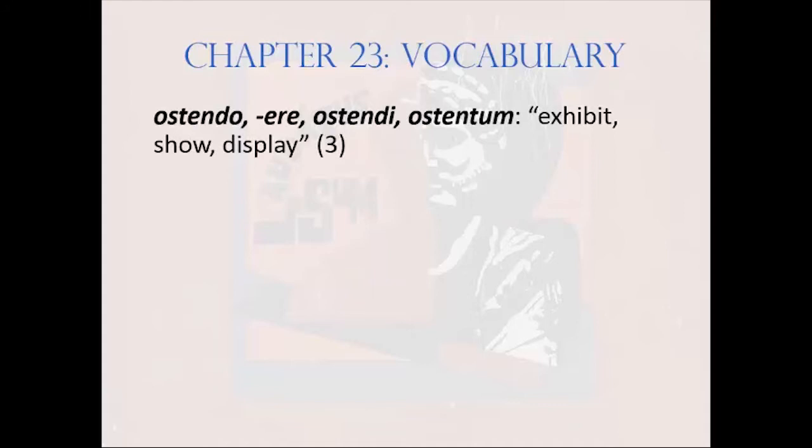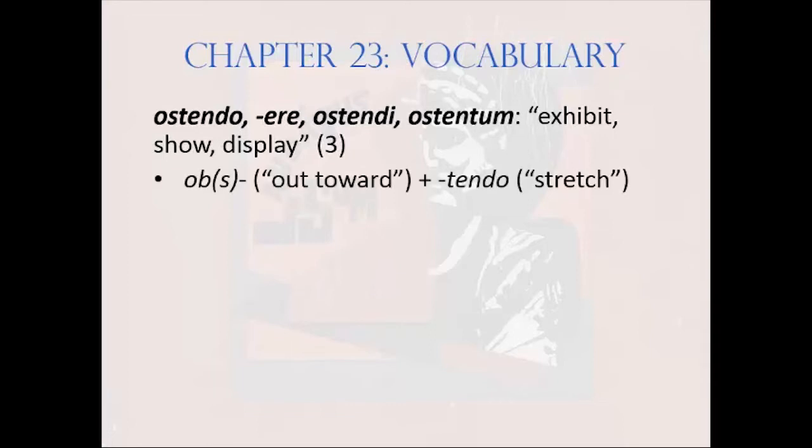And here's another verb, ostendo, ostendere, ostendi, ostentum, meaning exhibit, show, display. It's third conjugation. It's a compound of the prefix ob or obs, meaning out toward, plus the verb tendo, which means stretch. If you stretch something out toward someone, you're showing or displaying it.